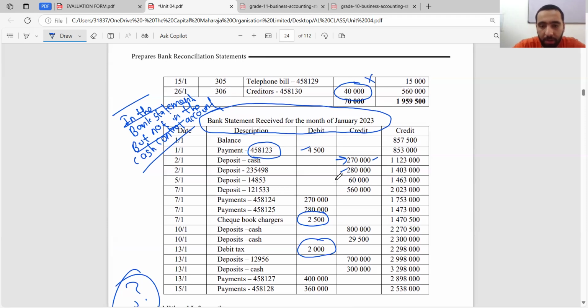Apart from this, all the other stuff is available. Ziana, are you okay? Only these two are not available in the cash control account.